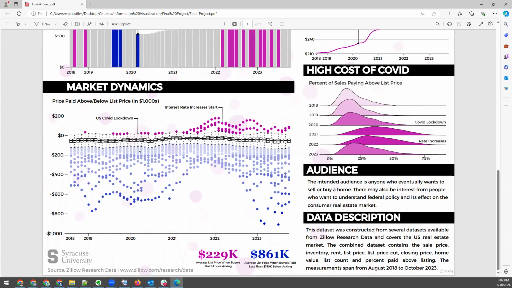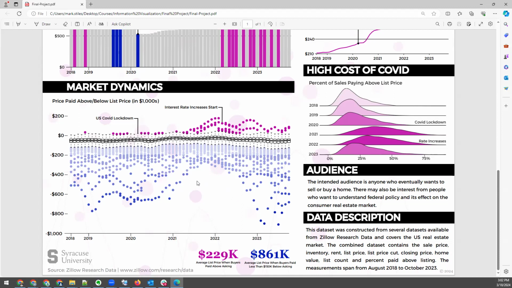And so the people who are paying less, especially if you consider around here, people who are getting an $800,000 cut on the price of a home, maybe that home really was pretty expensive to begin with. The average price for anybody who was getting more than a $150,000 cut on the home they were buying, the average list price was $861,000. So they were pretty expensive to begin with.